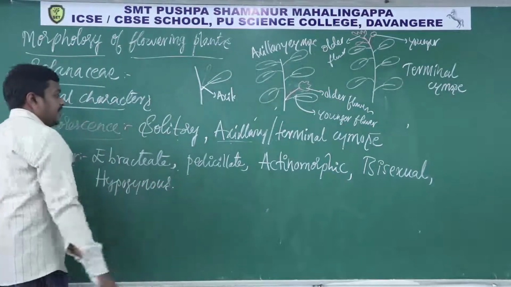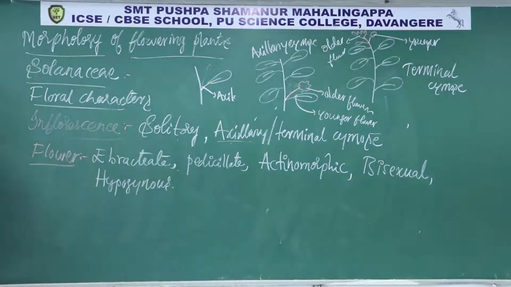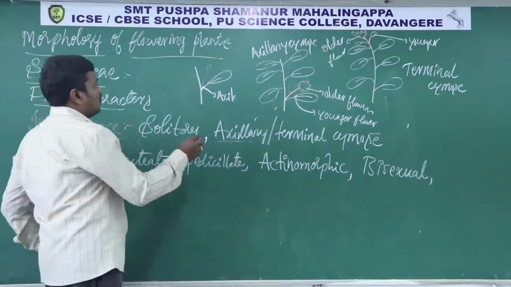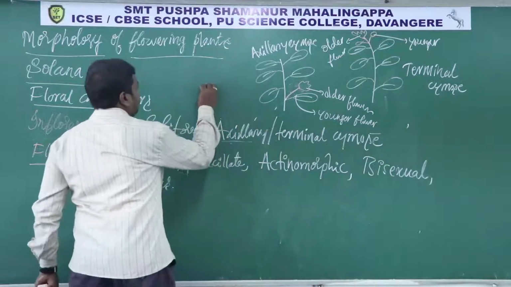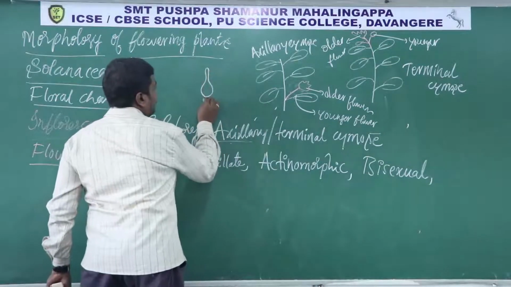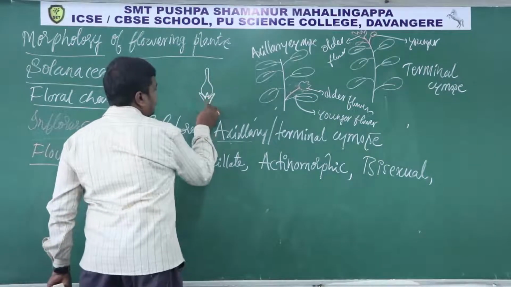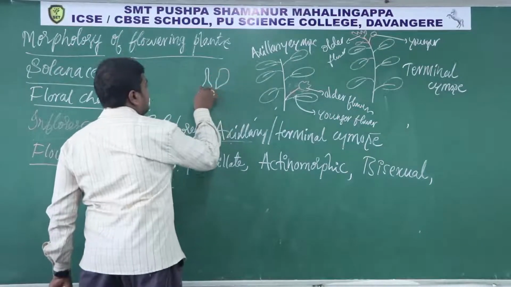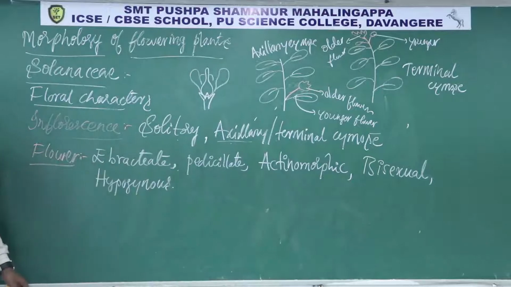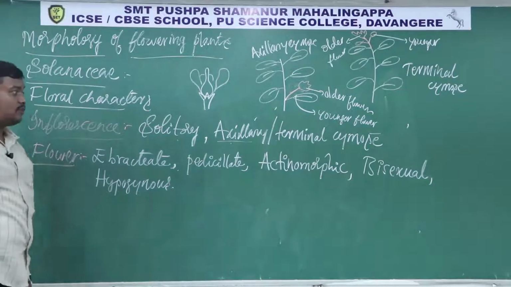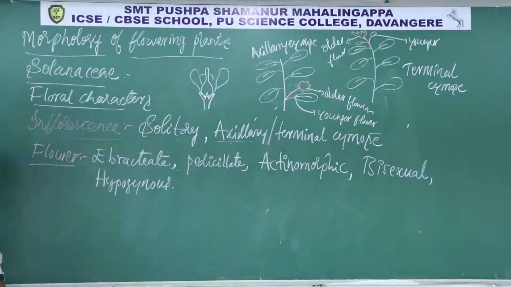So hypogynous means calyx and corolla are present below the ovary. Suppose this is the ovary, calyx and corolla are present below this ovary, so called hypogynous. Okay, so flower is ebracteate, pedicellate, actinomorphic, bisexual and hypogynous. So this is about the whole flower character.